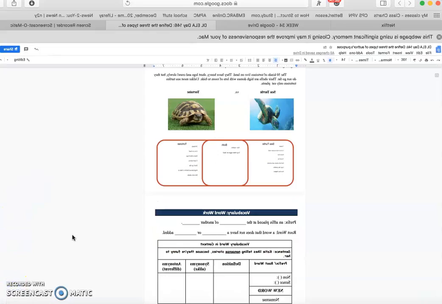Now we have to compare and contrast the sea turtle and the tortoise. If we were to look to see how they were different, we would look on the outsides, and that is what shows us the difference. But when we want to know how they're alike, we look in the middle, because the middle is showing us how they compare.